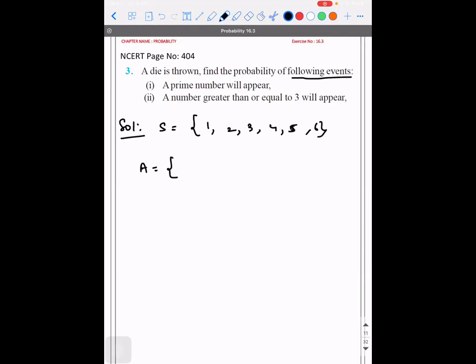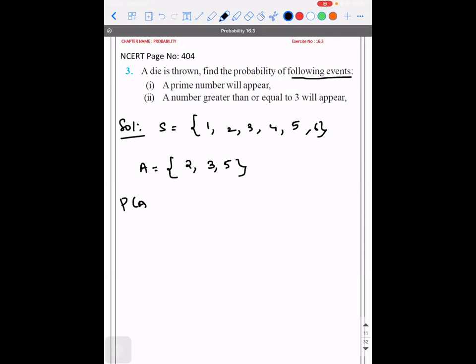Then event A is what? Only prime numbers to occur. 2, 3, 5, sir. Sorry. Yes. It is 2, 3, and 5.